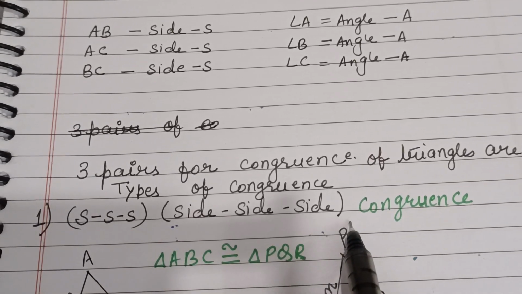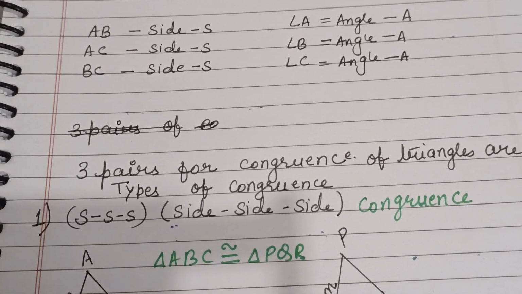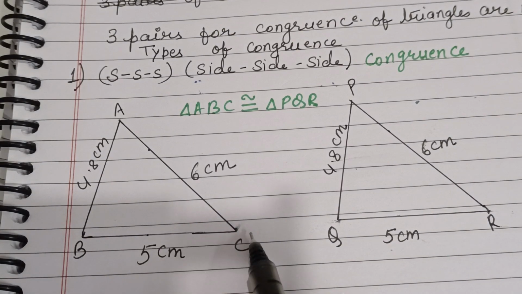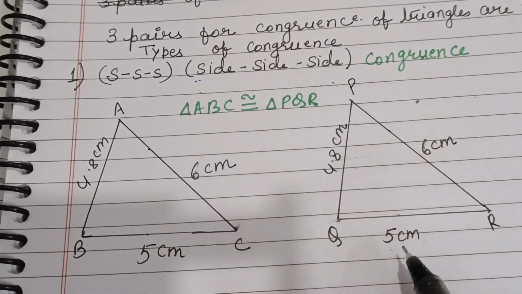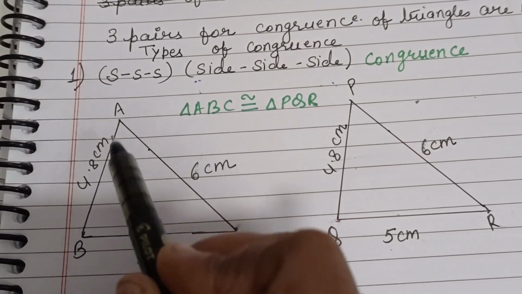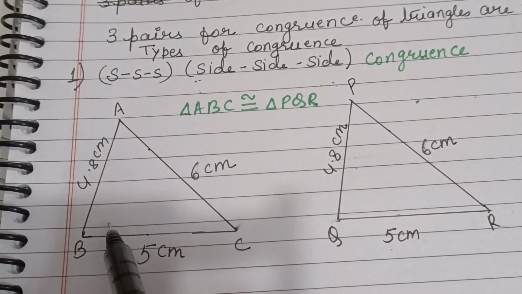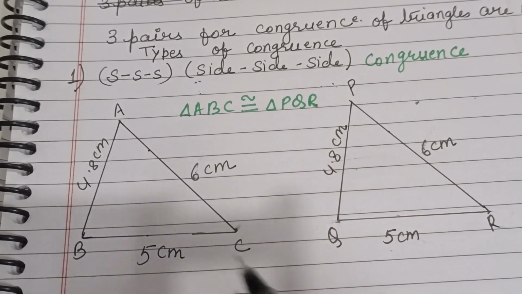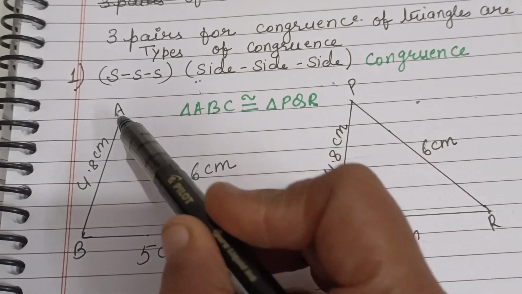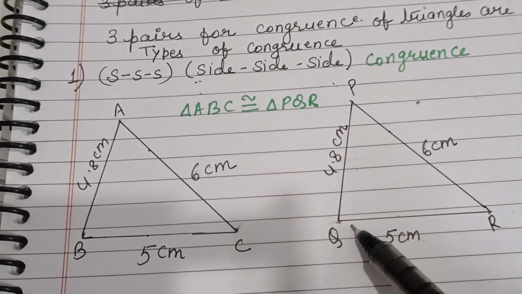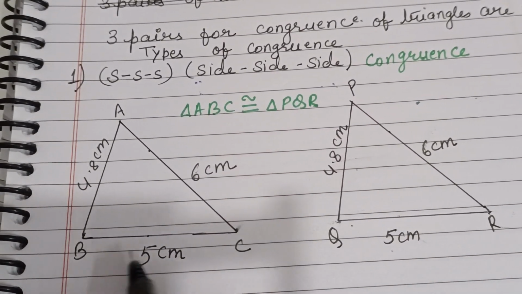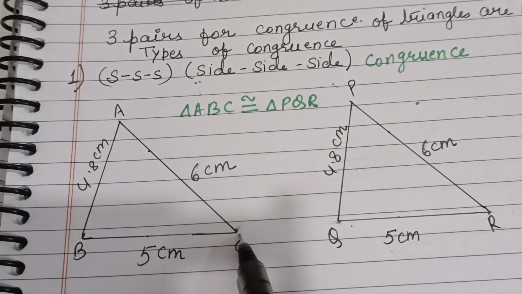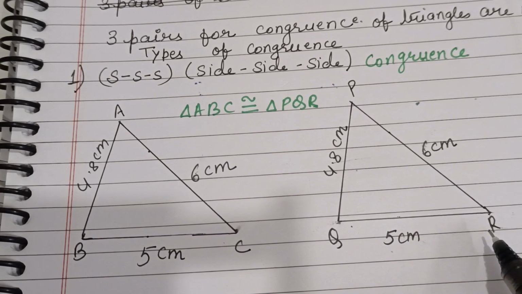As the name suggests, if there are two triangles like we have right now, triangle ABC and triangle PQR, and the sides of one triangle are equal to the corresponding sides of the other triangle, like here I can see that AB is equal to PQ, which is 4.8 centimeter, BC is equal to QR, which is 5 centimeter, and AC is equal to PR, which is 6 centimeter.